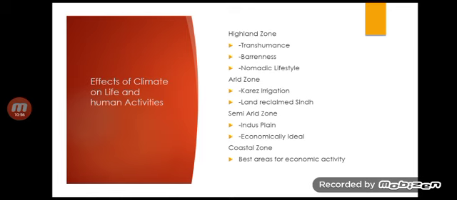So, what are the effects of climate on life and human activity? Again, it's a no-brainer that the lifestyle of humans depends on the different climatic conditions. In the highland zone, most of the people that live over there, usually Pathans and Pashtun in northern areas and northwestern mountains, exercise transhumance.